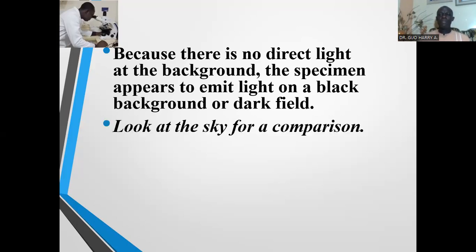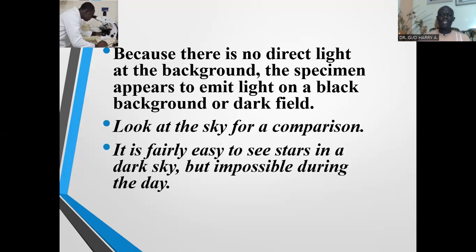Now, if you want to have a better understanding of how the dark field microscope works, you compare it with the stars in the universe. The stars are there, but they cannot be seen during the day, but they are seen at night. The night appears to be the dark field that's created. So the dark field now makes these stars visible.